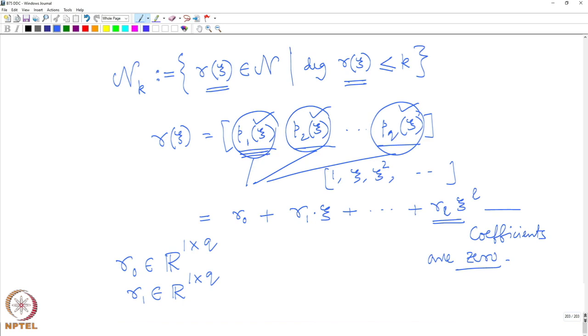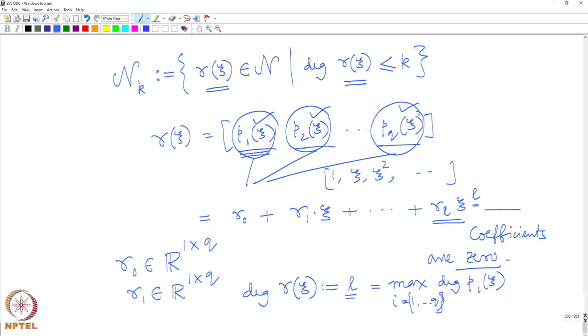Among these polynomials there will be a highest degree, I will have to go only up to that, that is my L, and that is defined as the degree of R. So degree of R xi as a polynomial vector is defined as this number L, which is nothing but the maximum of the degrees of Pi, where i is going from 1 to q. That is how you define the degree.